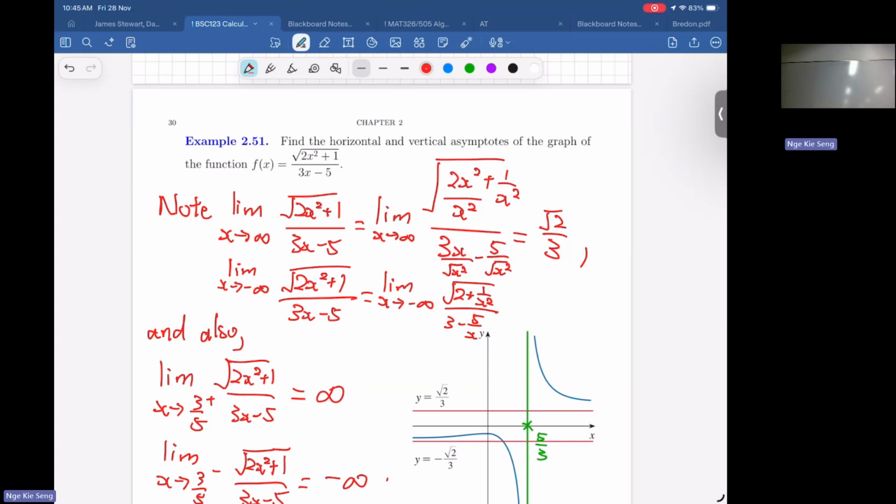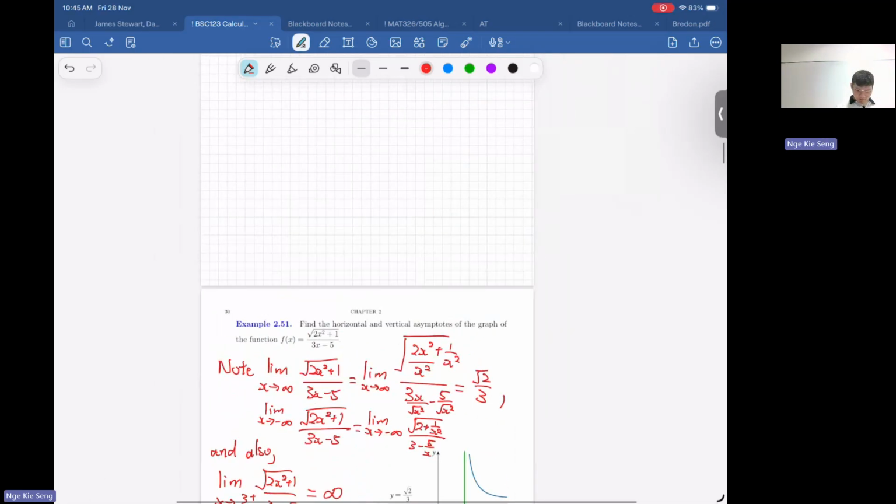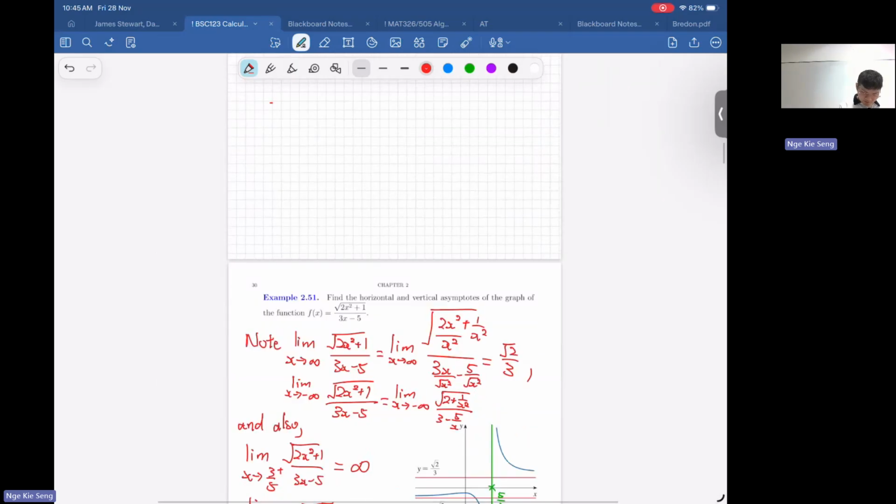I think what we divided by is not x squared, right? It's actually the square root of x squared. Is it true? Get what I'm saying? So I guess we need to rewrite this. Let's rewrite: the square root of 2x squared plus 1 over 3x plus 5.